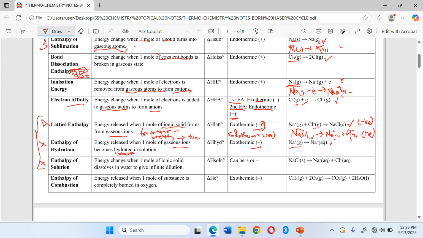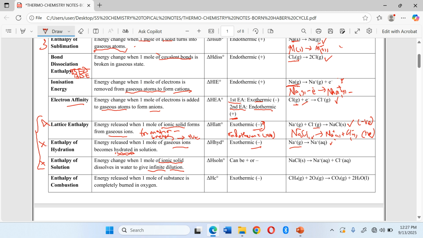Then we have enthalpy of solution, the energy change when 1 mole of ionic solid dissolves in water to give infinite dilution, until it can no longer dissolve any more solid. We add more and more solvent.